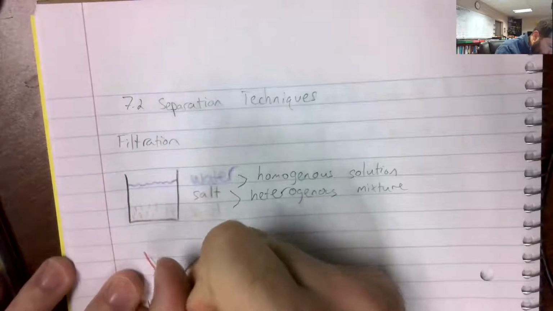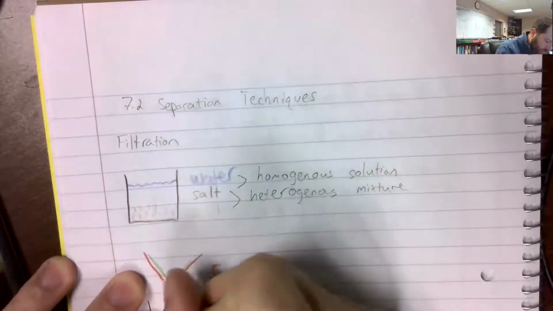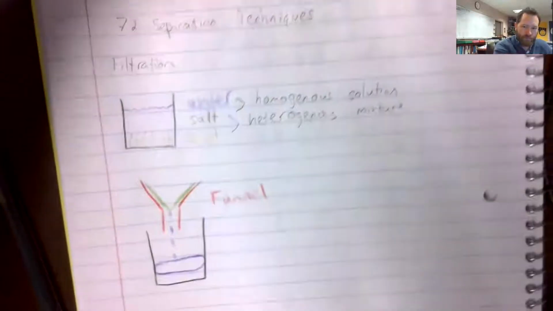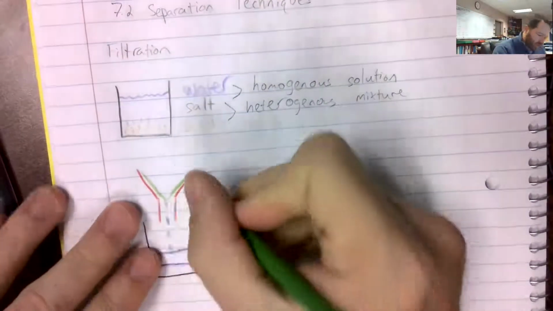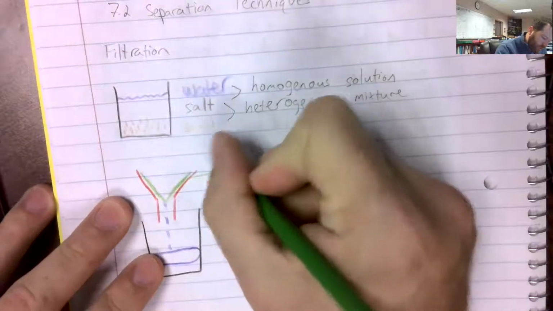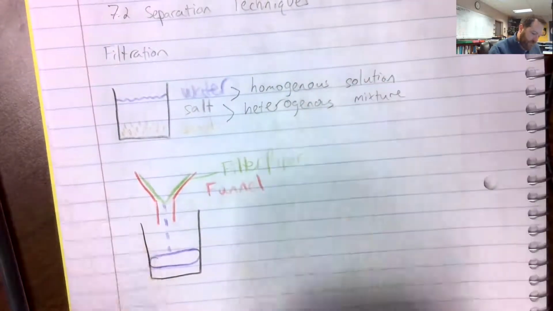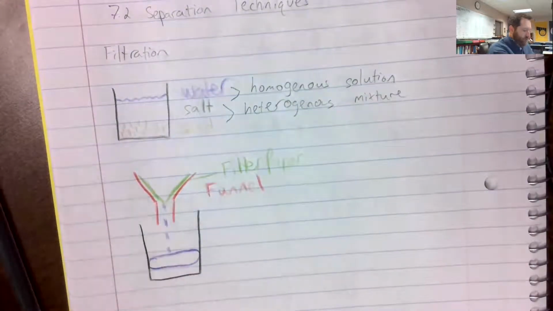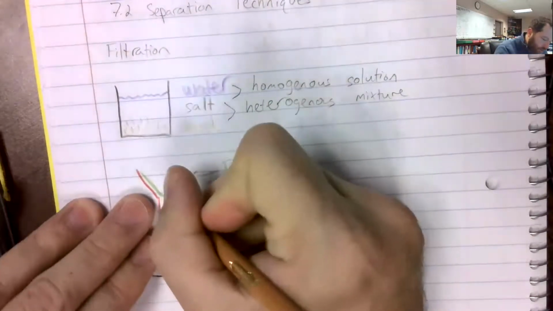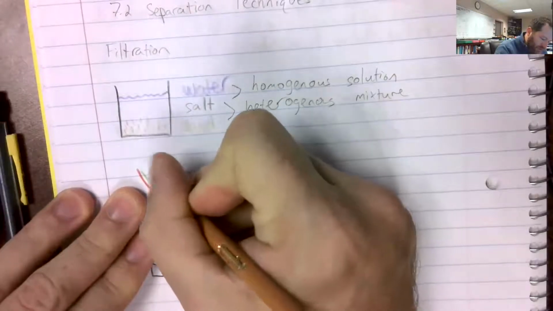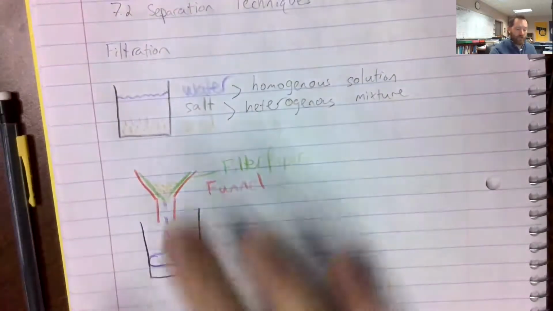And then don't forget, you have to put a piece of filter paper into the funnel. The funnel by itself doesn't do anything. We need to line it with a filter paper. And then you pour your substance in there, and the heterogeneous part that's not mixed evenly gets caught in the funnel. So we catch our sand.